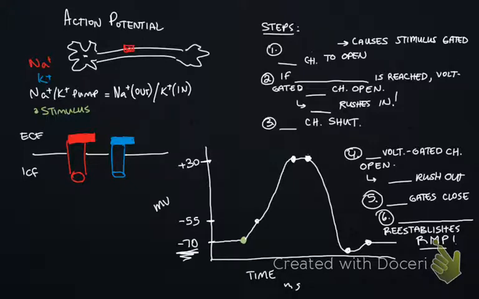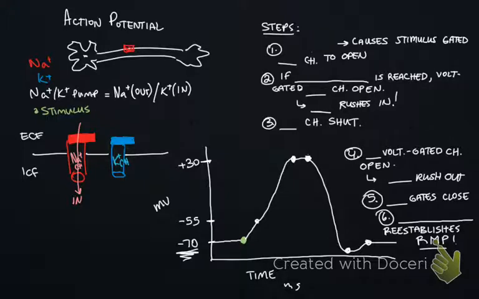Now, you also have channels that are embedded within the cell membrane. You have sodium channels, and you're going to also have potassium channels that are embedded within the cell membrane. And what you'll find is that they're going to move things the opposite way in which the sodium-potassium pump moves. So instead of moving sodium out, it's actually going to move sodium in.